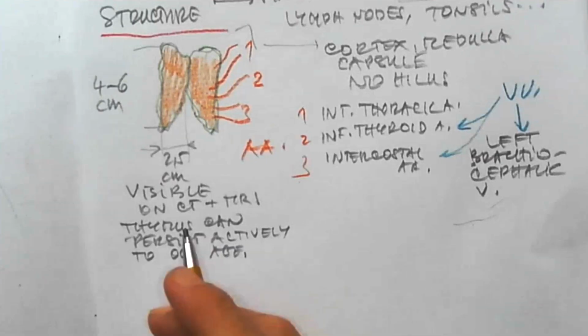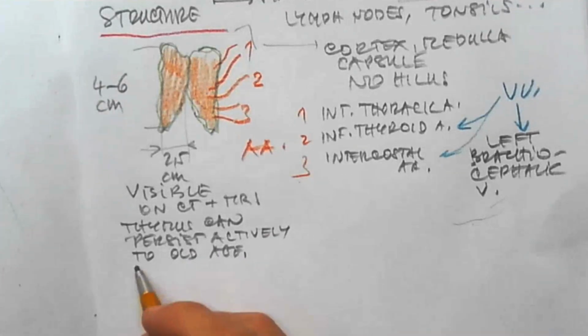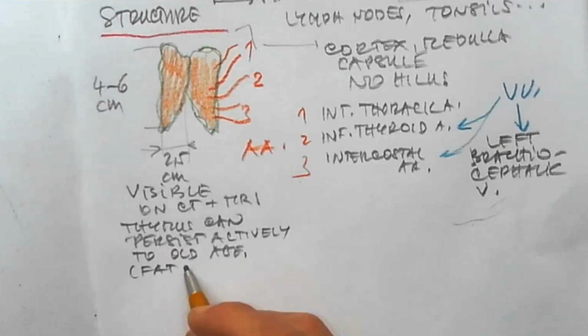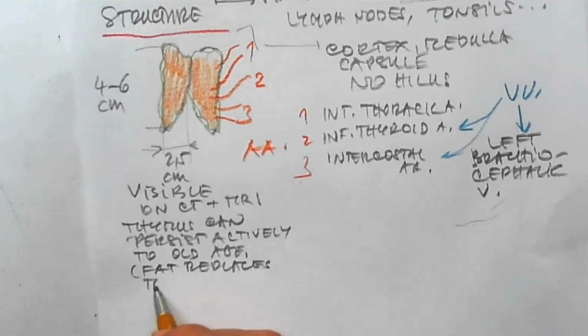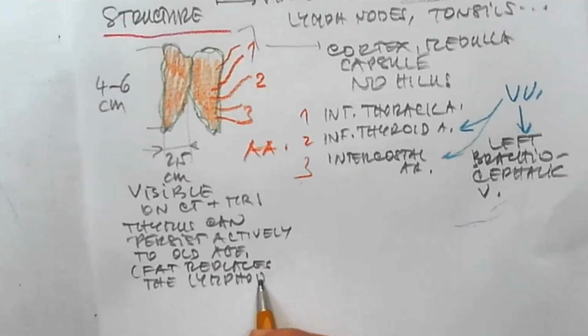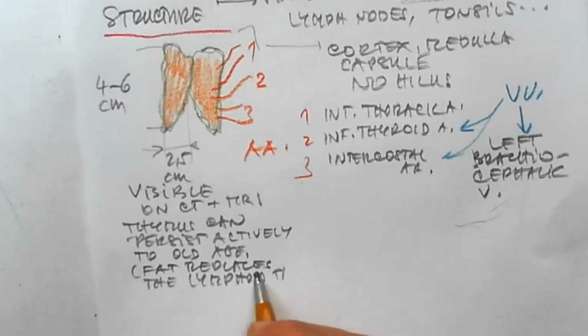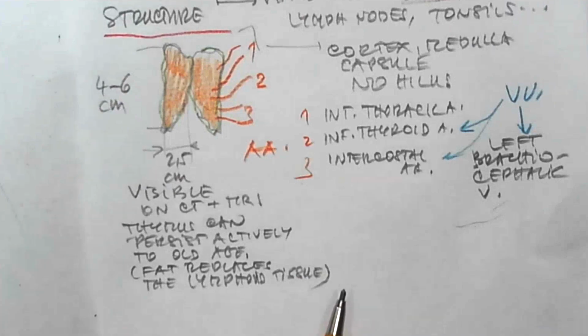In the older age it contains fat, or the fat replaces the lymphoid tissue. This is an important fact. Lymphoid tissue, fine, good. Fatty tissue.